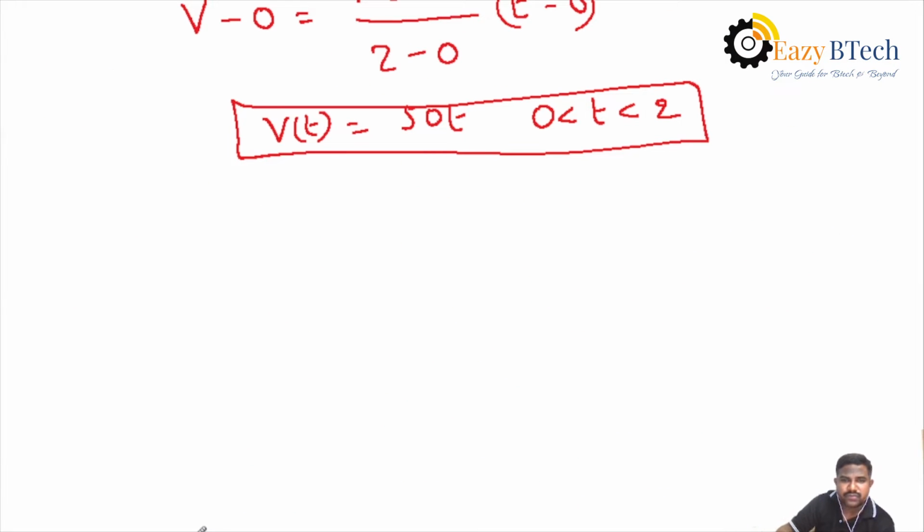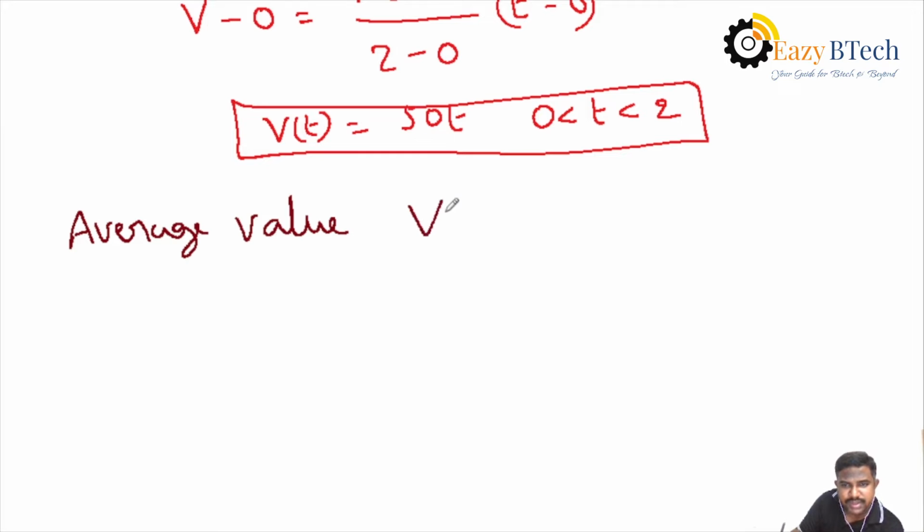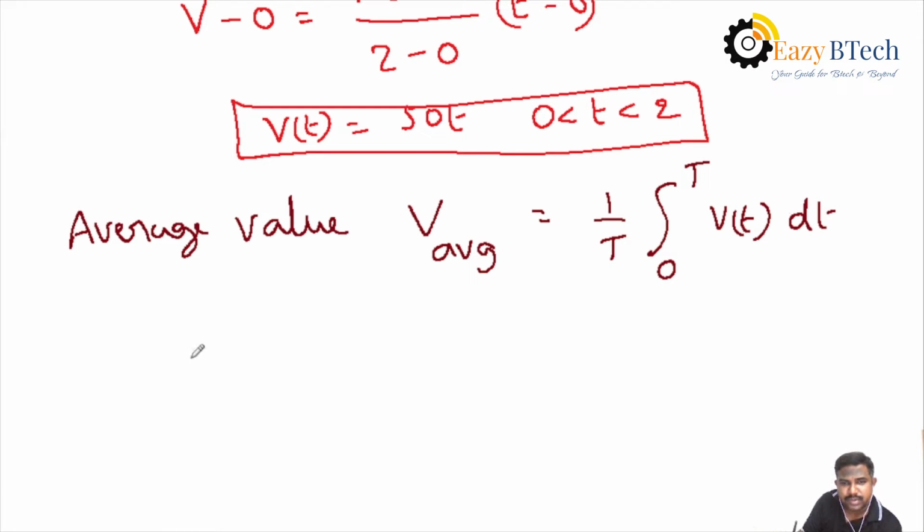After finding the equation of the line, you must find the average value of the given waveform. V average equals, we know the formula, 1 by T integral from 0 to T of v of t dt. The time period T is 2, so 1 by 2, integral from 0 to 2. Now v of t here is 50 t, dt.